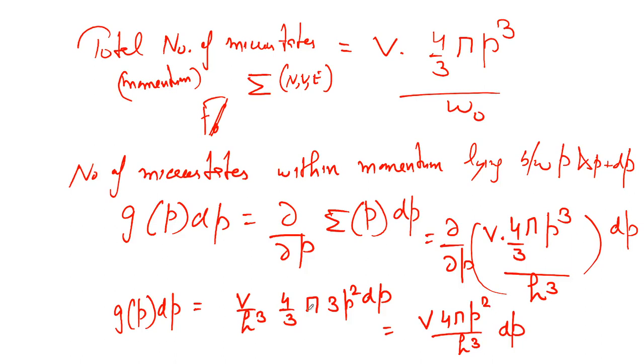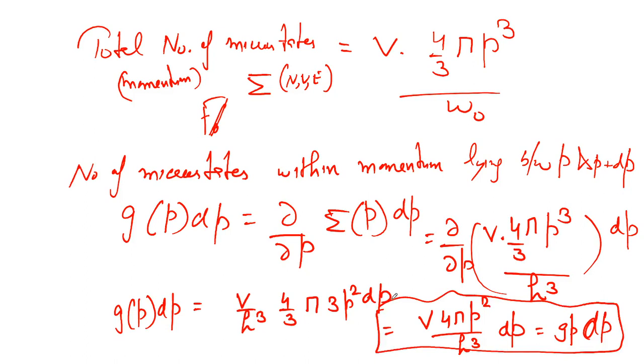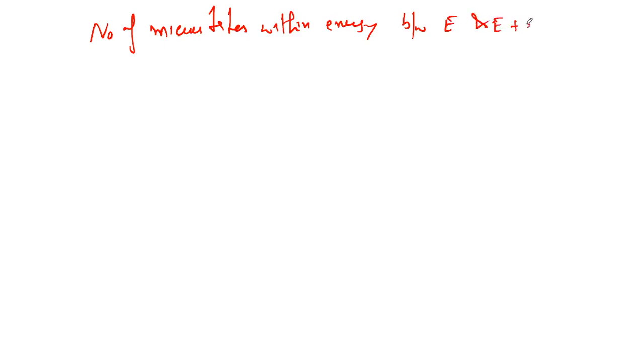So this equation we will use in many cases when we solve our canonical ensemble, and we will find out all these energy values in terms of momentum. And similarly, we can also write this total number of microstates in terms of energy. So the number of microstates lying within this energy range, between E and E plus delta E, is generally in terms of g(E) dE.